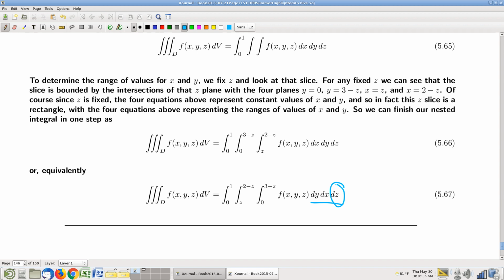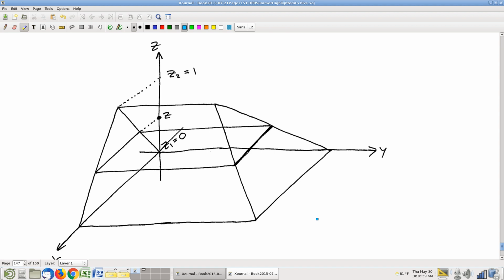And then, when you're solving for dx next, you just use the bounds. Yeah, that's right. We're going to fix a value of z somewhere between 0 and 1, and then for that z slice at some value of z between 0 and 1, we're going to ask what's the range of values of x. On the picture, we're fixing z at some value between 0 and 1. Let's say there.